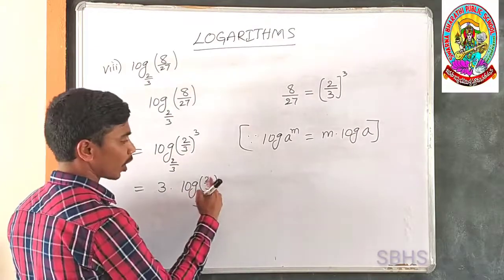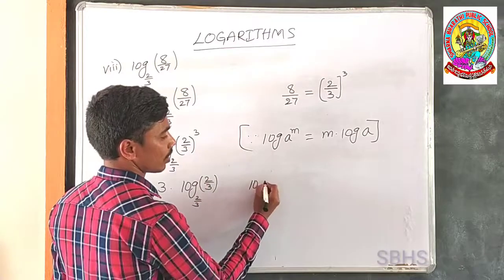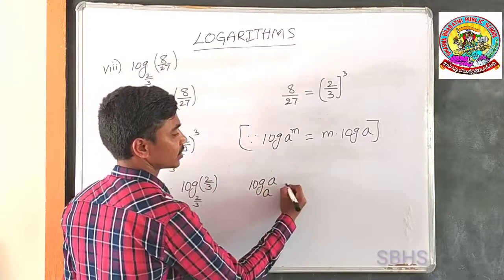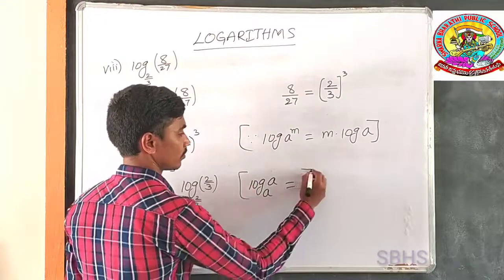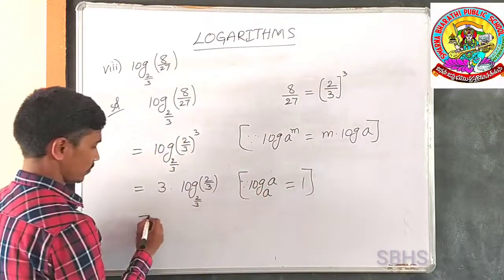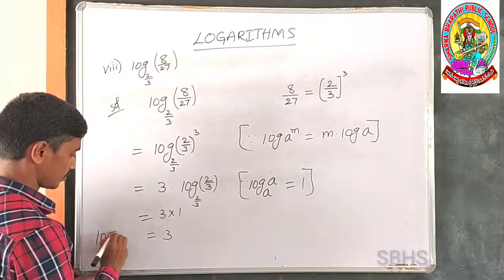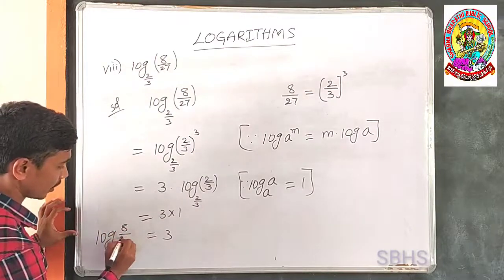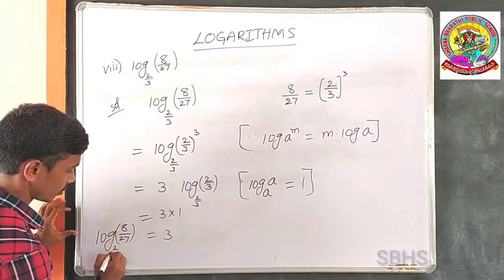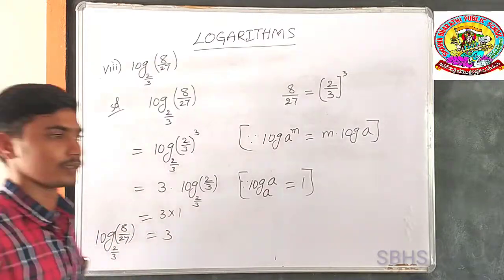It is in the form of log a to the base a. Log a to the base a is equals to 1. So 3 into 1 is equals to 3, which means log 8 by 27 to the base 2 by 3 is equals to 3.